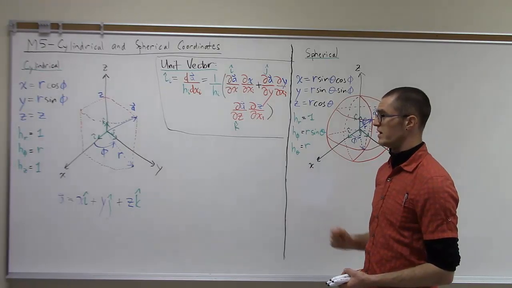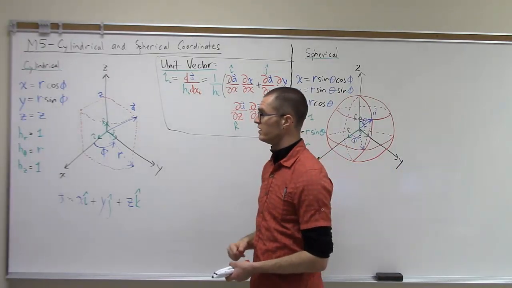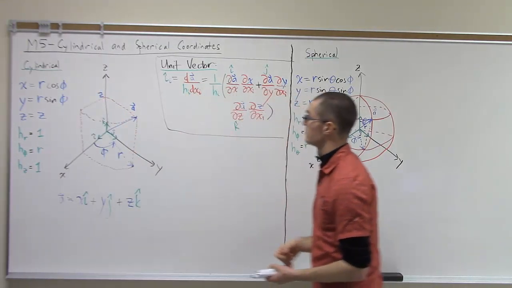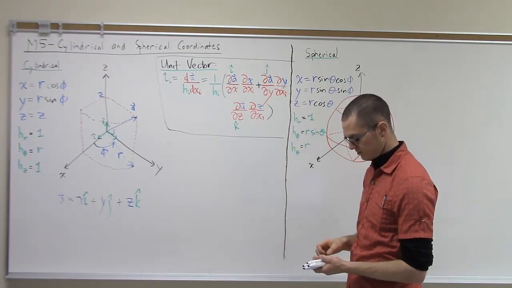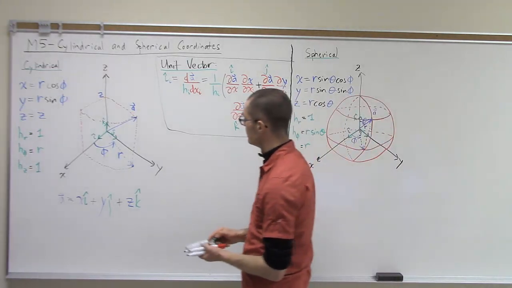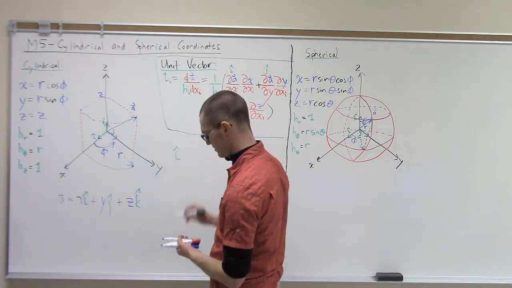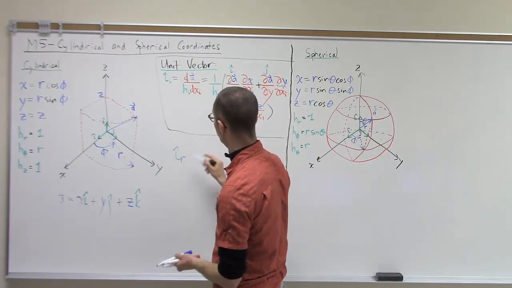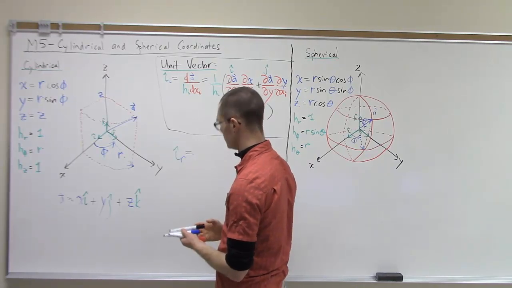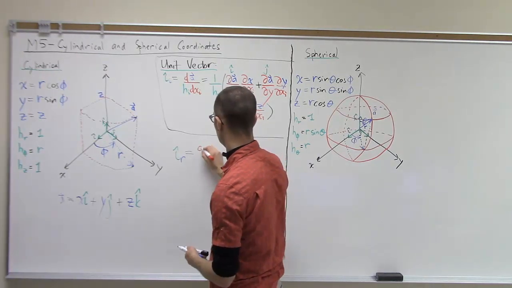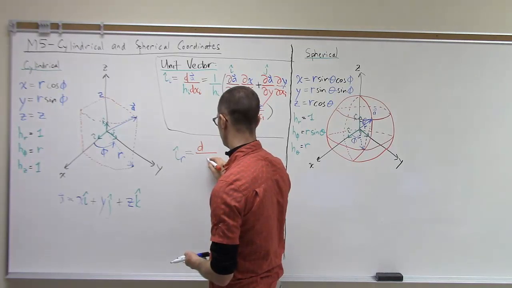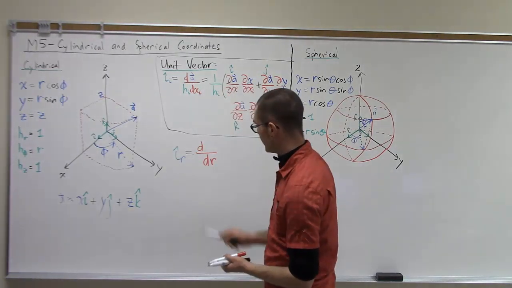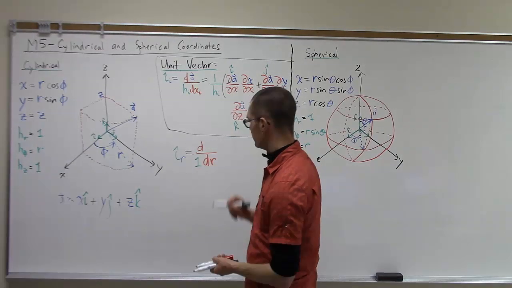So, for example, I'll work out what the unit vector in the r direction is in the cylindrical coordinate system. So i sub r is equal to d by dr. The scale factor for r is equal to 1.